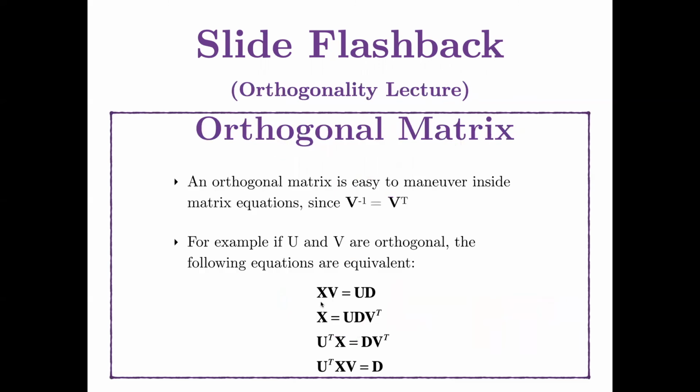Well, if you remember, we also did this funny math example when we talked about orthogonal matrices. So this is another flashback to the orthogonality lecture. I was showing you that an orthogonal matrix is easy to maneuver inside matrix equations, since the inverse is equal to the transpose. And I showed you this form where we're moving around V and U. Well, that's exactly what's going on here.